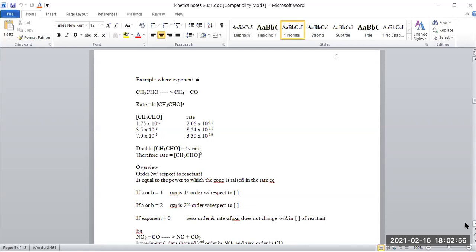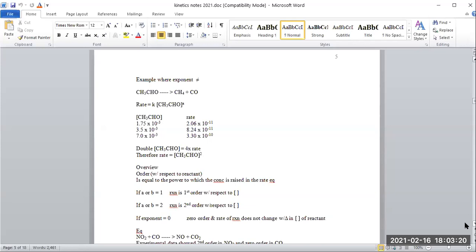So when I doubled my solution concentration, my rate quadrupled. It went up by 4. So this allowed me to identify that it was a second order reaction for my rate law.